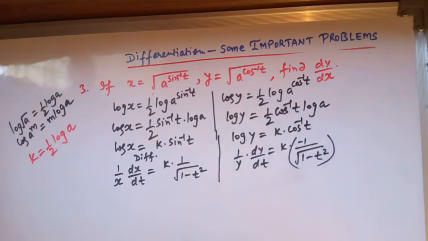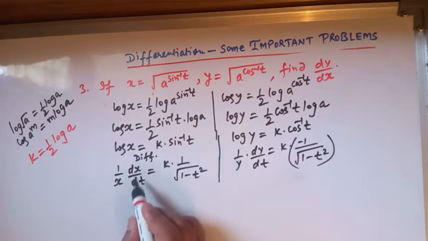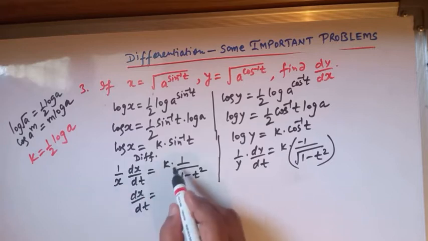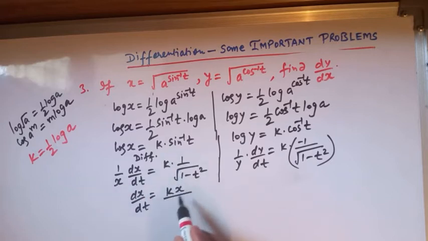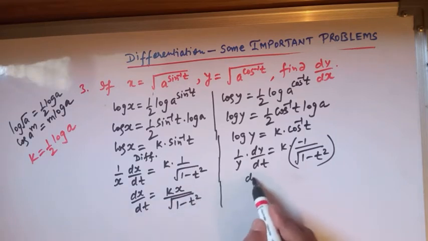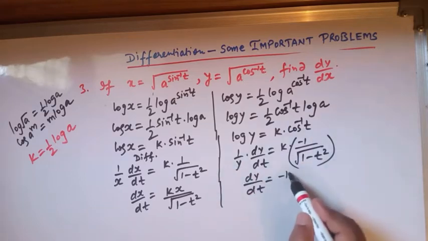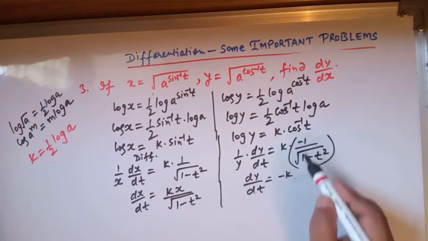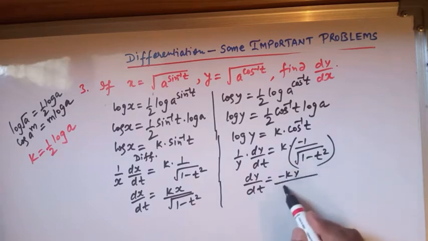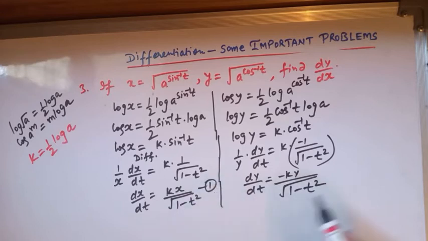Clear? Now this expression can be written as dx over dt is equal to kx over square root of 1 minus t square, and here we have dy over dt, and we take this y to the numerator, so it is minus ky over square root of 1 minus t square. This is equation number 2.